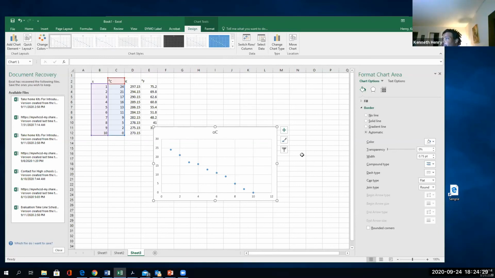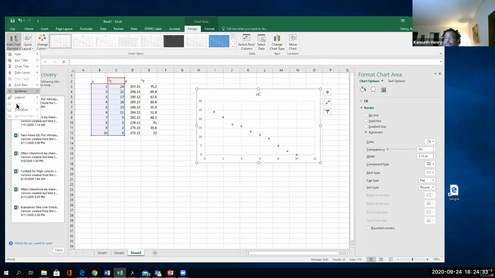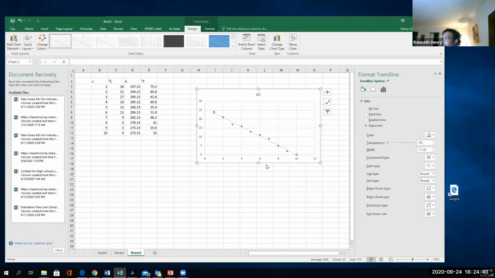And then I want to do a curve fit. Man, my data is beautiful. I wish that would happen in real life.